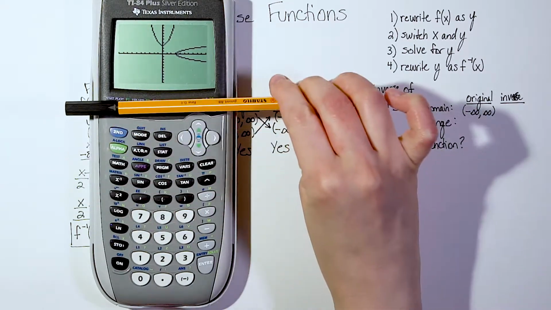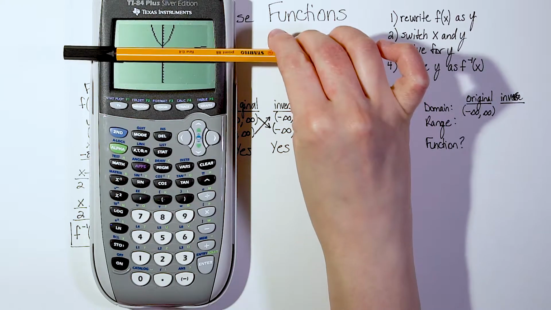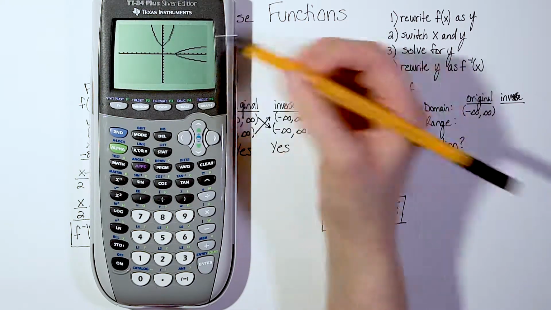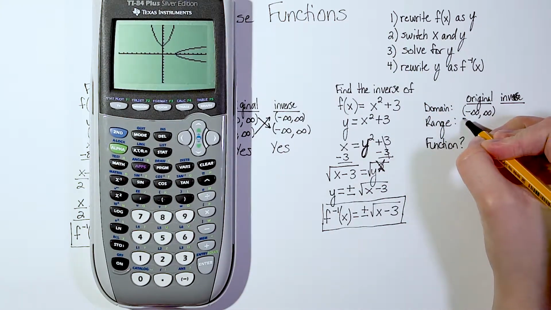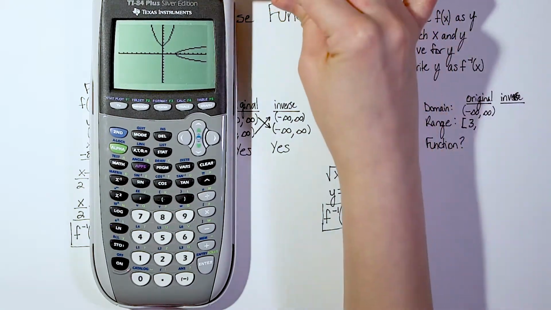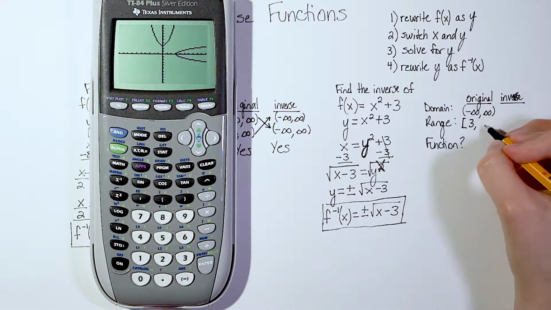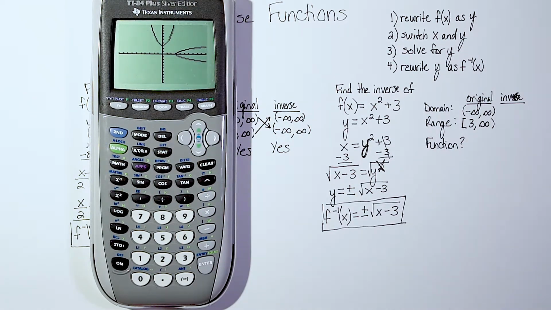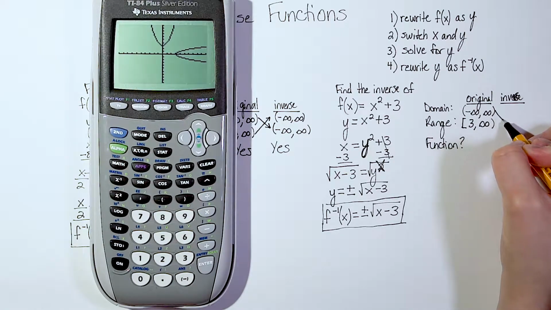And for my range, from the bottom to the top, that starts right at positive 3. It is a solid point, which means it gets a bracket. And top to bottom, I get a positive infinity.